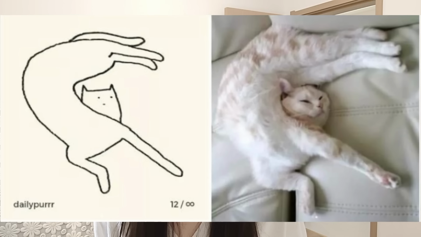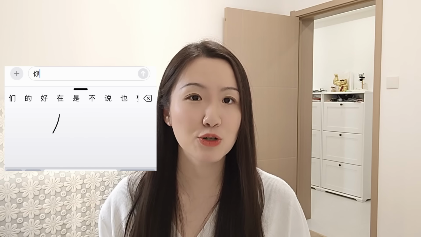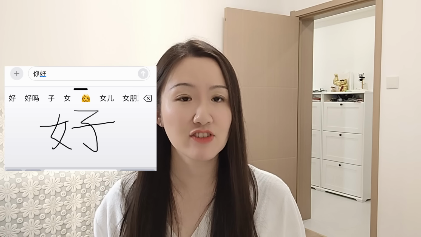You forget how to pronounce a character? No problem. You remember what it looks like? Draw something close enough. The system will politely guess, offer about 5 to 10 options, and pretend your drawing was acceptable.